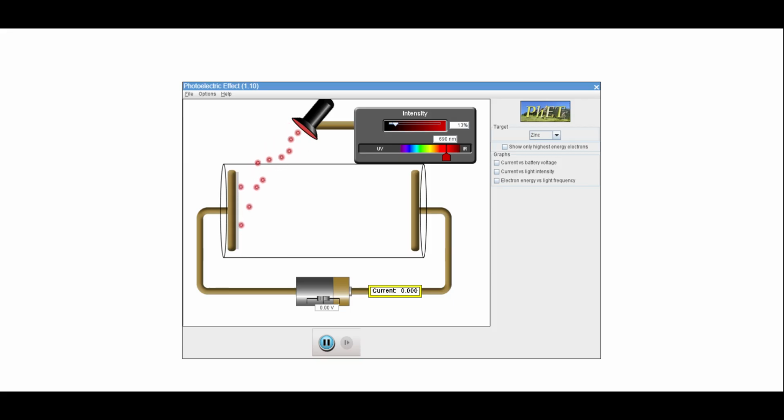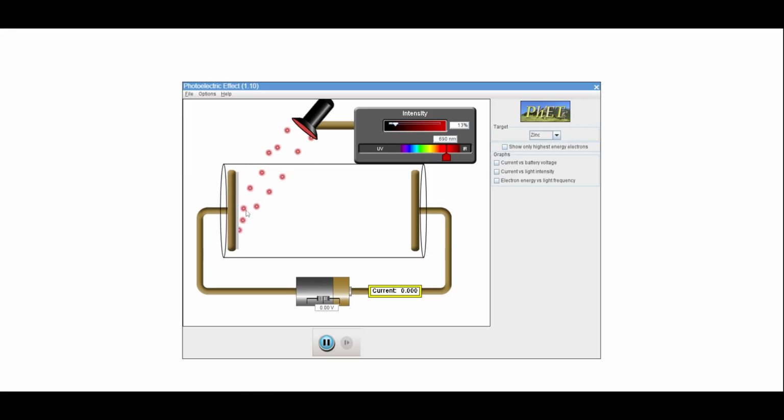So it now becomes important to understand the energy in each one of these photons. If the energy of one photon is enough to release the electron, then the electron will be released.